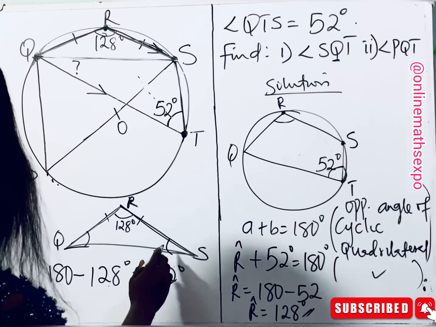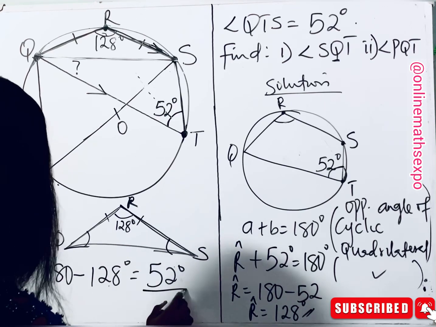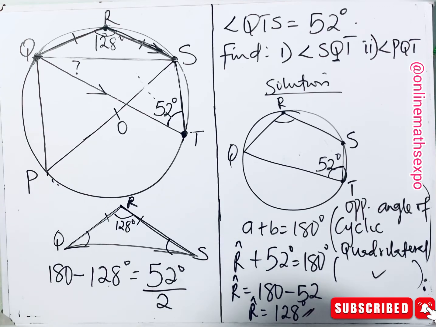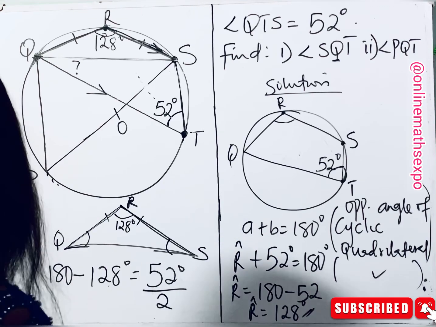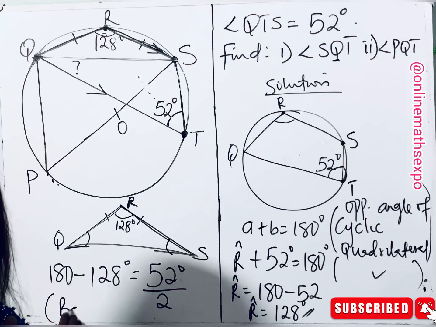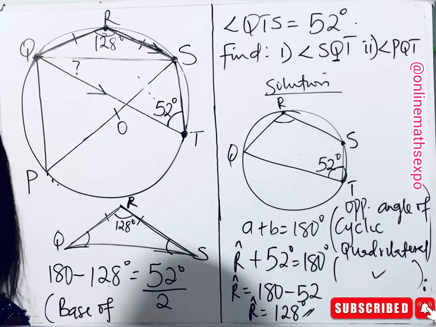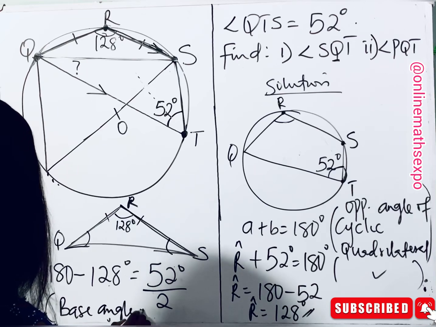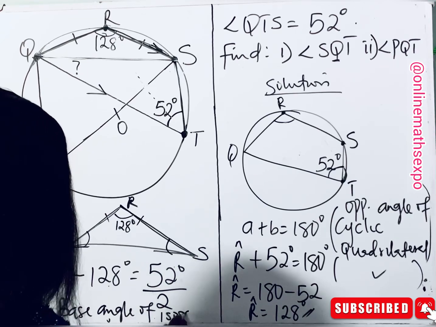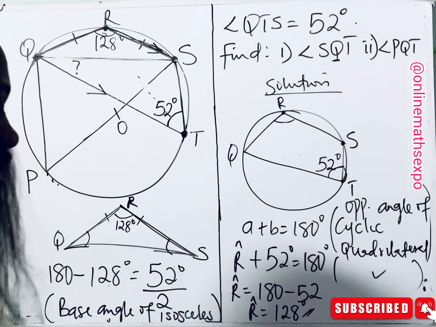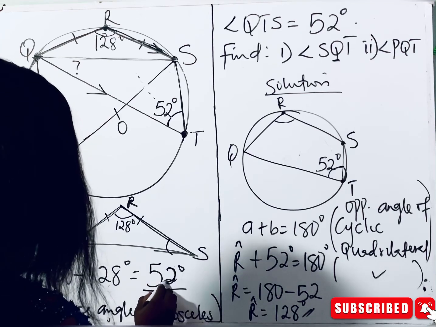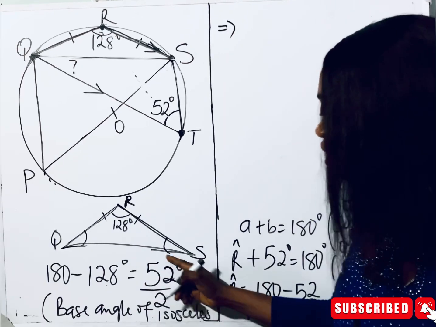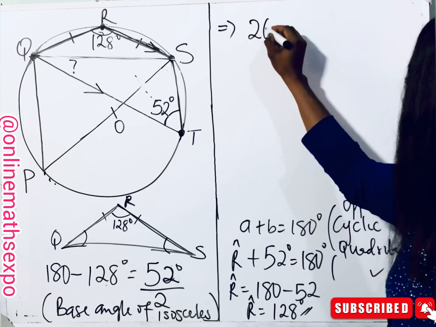Now, because these two angles are equal, you divide it by 2. I hope you see that. What is your reason? Your reason is base angles of an isosceles triangle. So if you divide this 52, it gives us 26 degrees.